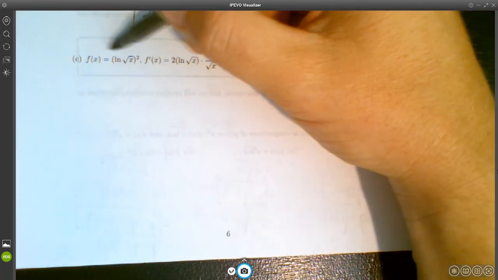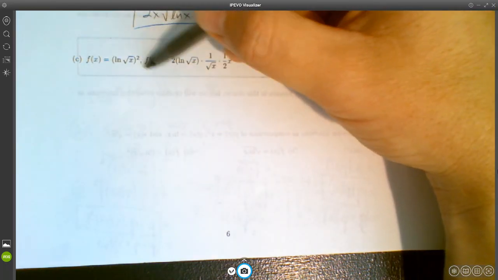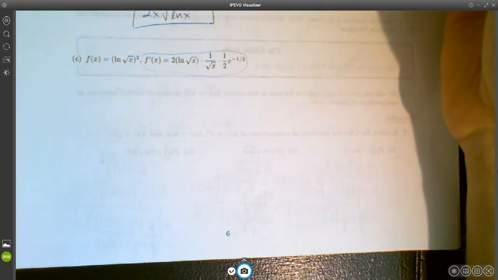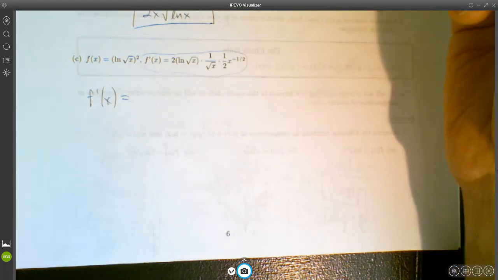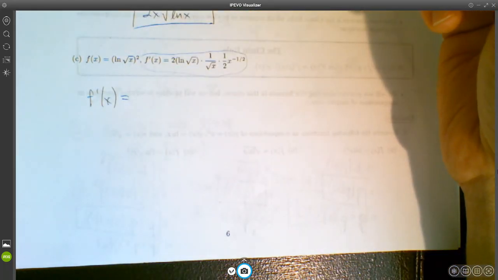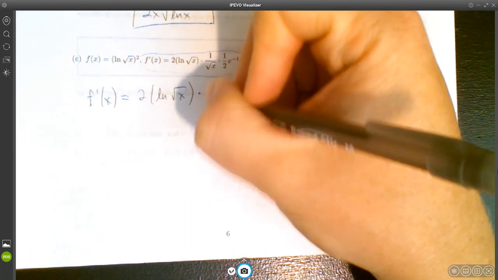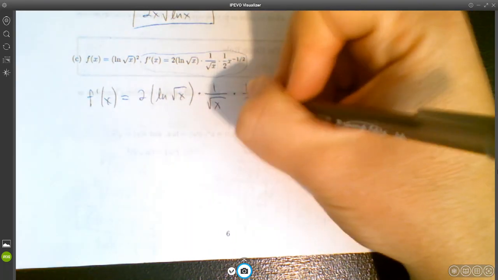And then let's do that last one. So this was part C in example 7. And this is the derivative that you get after you apply that chain rule. Let's see if we can simplify the derivative. Okay, so I'm going to have 2 times ln square root of x times 1 over square root of x times 1/2 x to the negative 1/2.